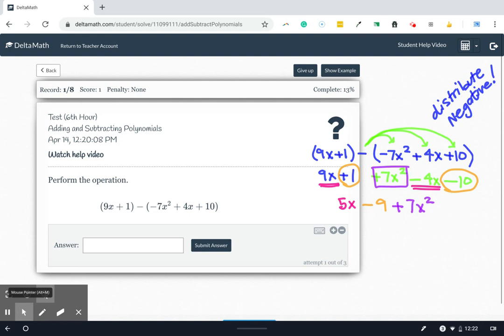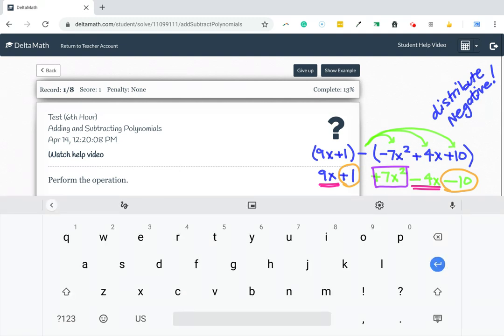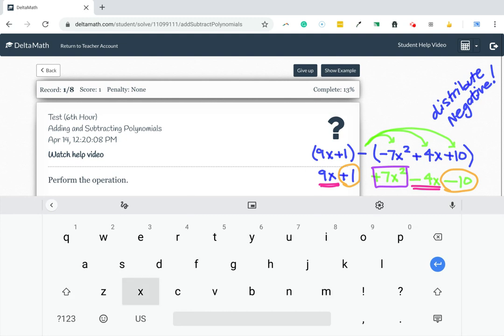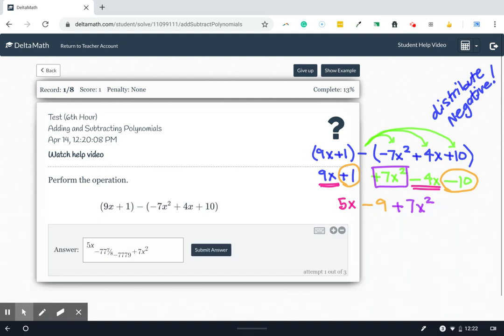Okay, wish me luck as I type these in. 5x minus 9. See if that worked. And then that plus 7x squared. Yep.